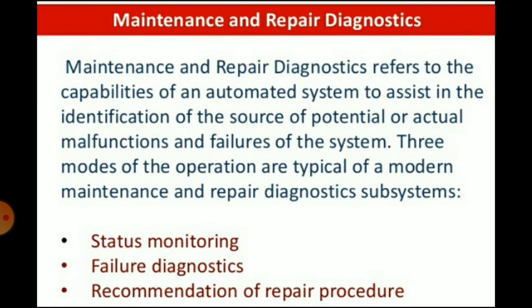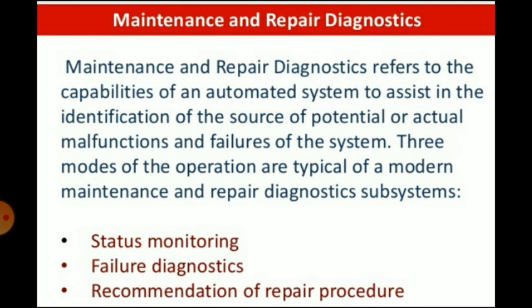Second is maintenance and repair diagnostics. Maintenance and repair diagnostics refers to the capabilities of an automated system to assist in the identification of the source of potential or actual malfunctions and failures of the system.